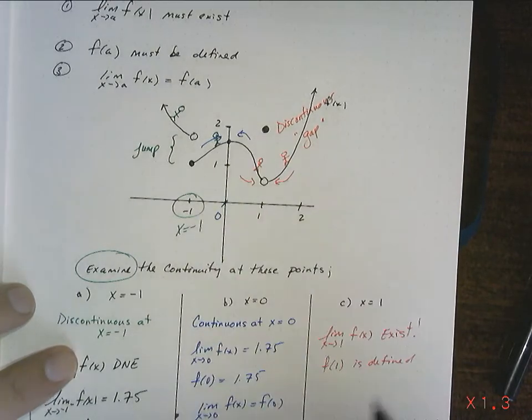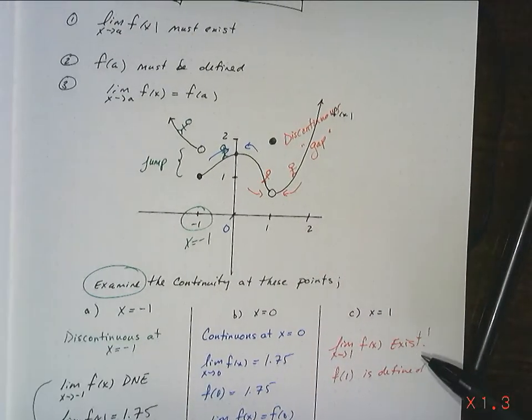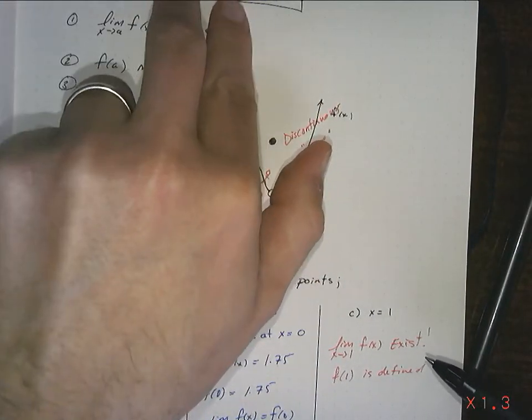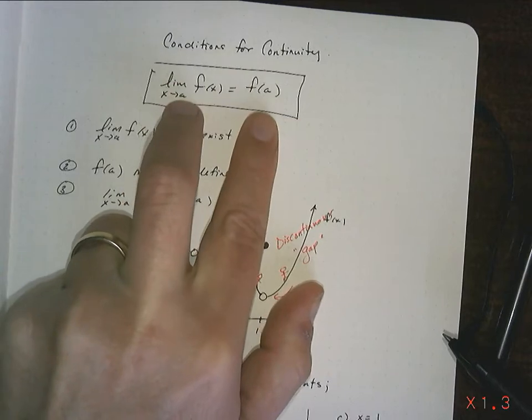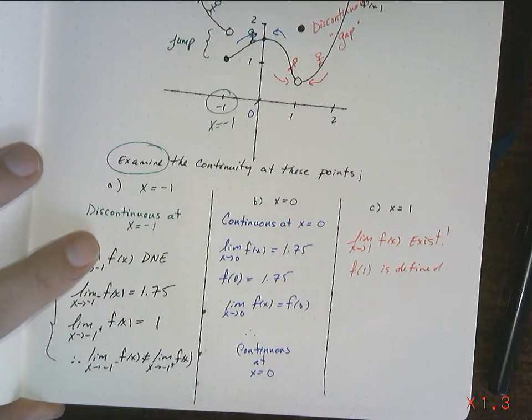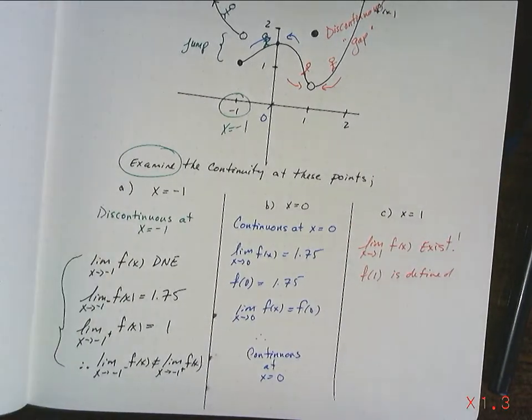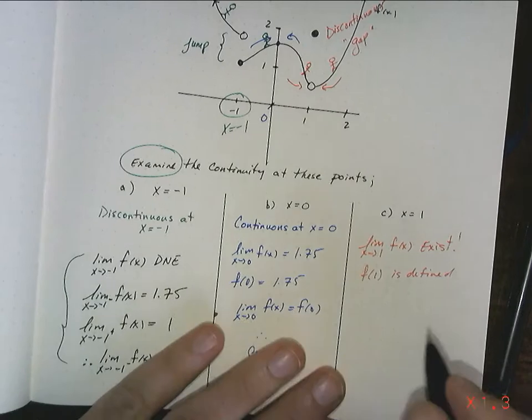It's defined. And those are the essence of the first two conditions. Do both sides exist? Do both sides have a value? And the answer is yeah, they do have a value. Notice that the first two conditions don't give a darn what the value is. They just care, is there a value? Well, yeah, there is a value.